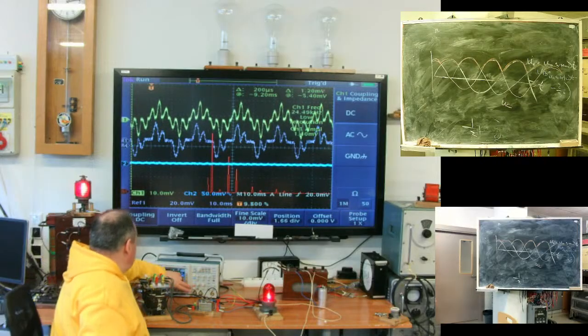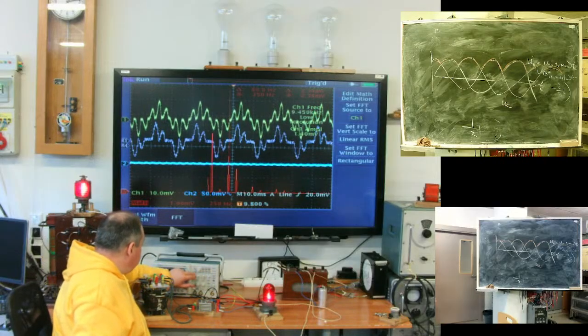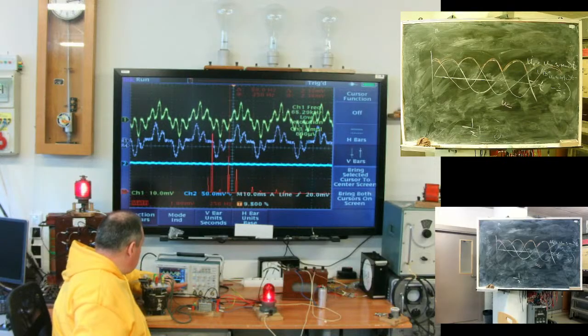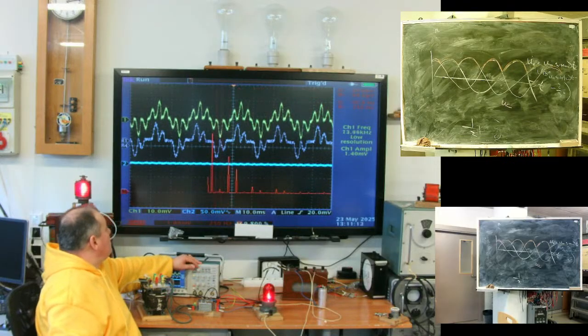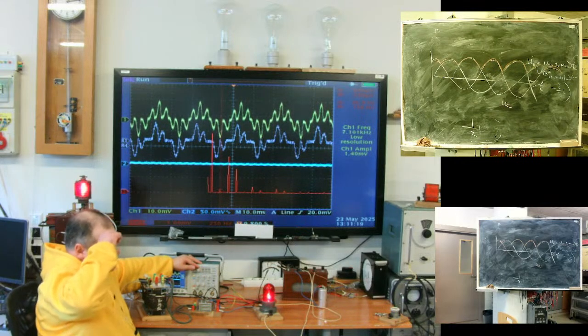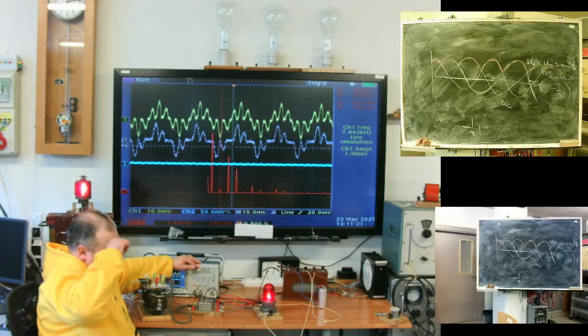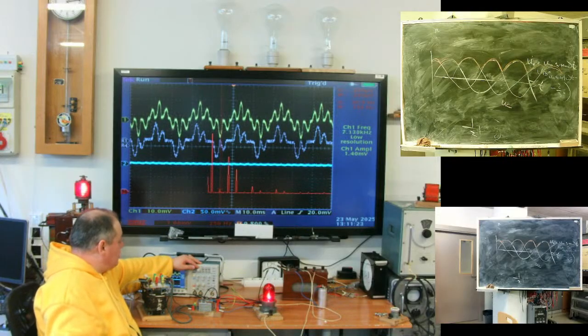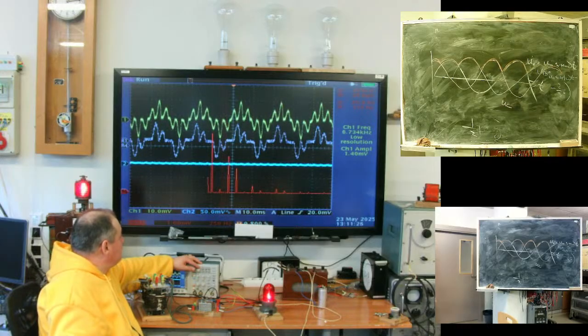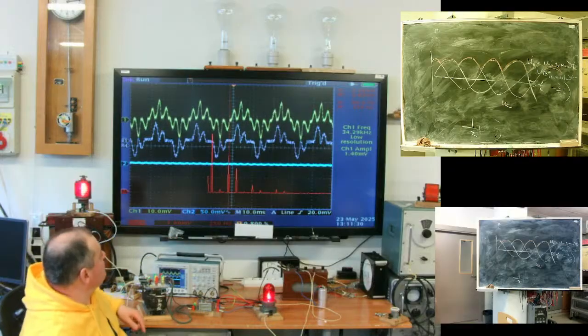And if we take a look at the spectral composition, base frequency is small. In theory, it should be zero, but it's not zero. It's magnetizing current of transformer itself, and large 5th and 7th harmonics.